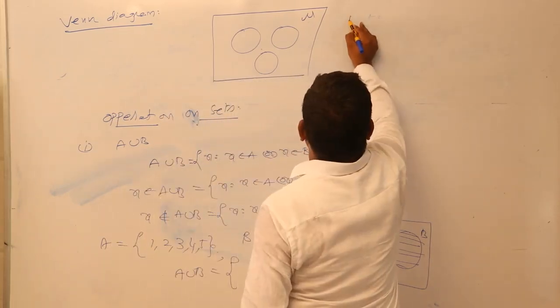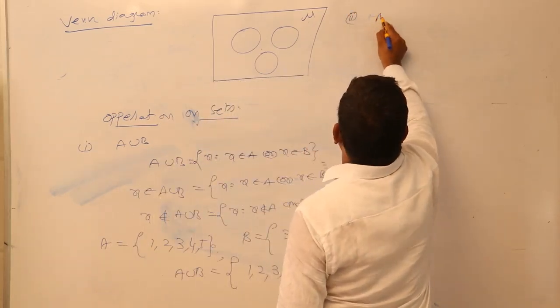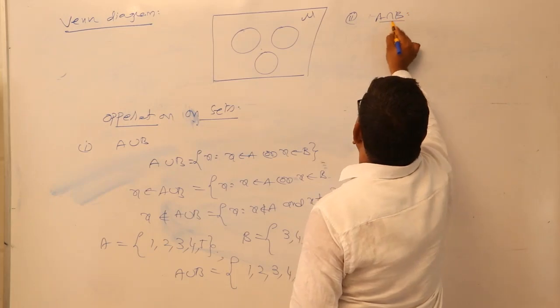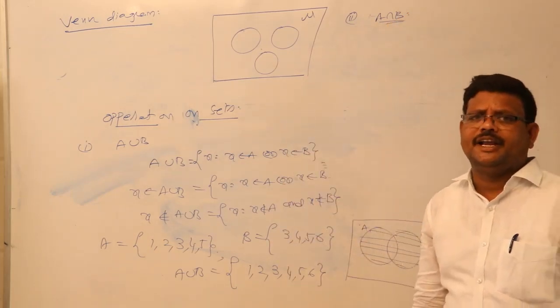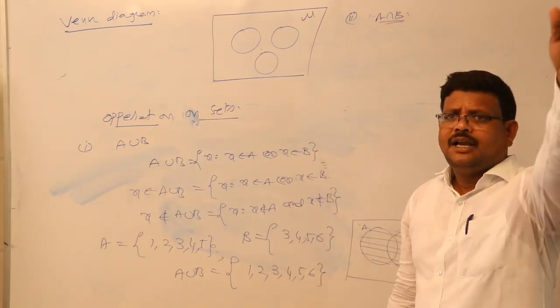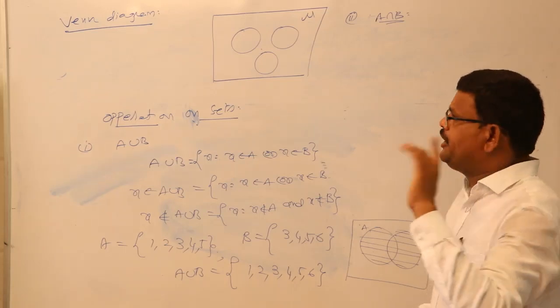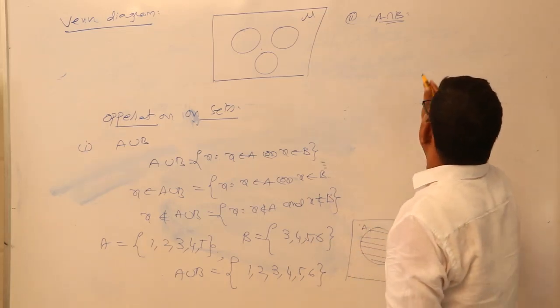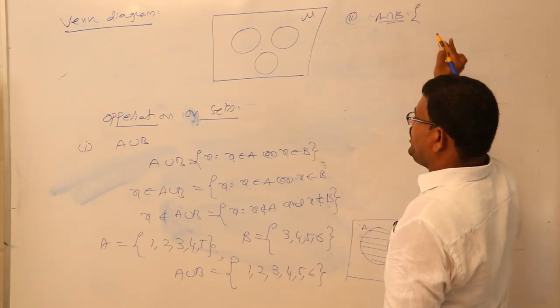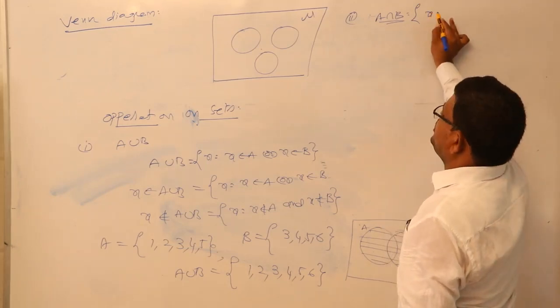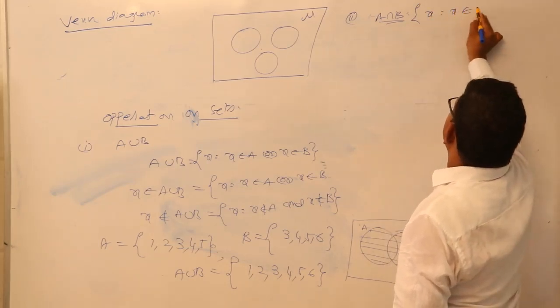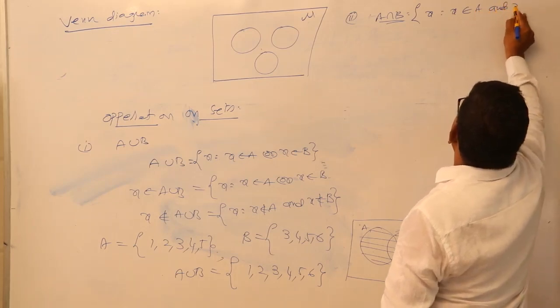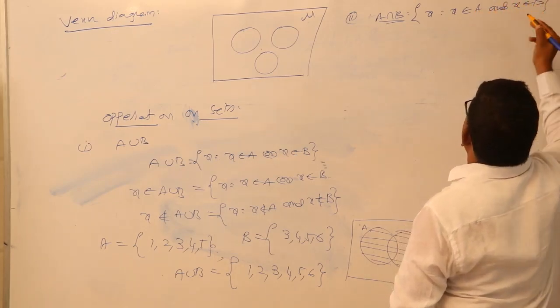The second operation on sets is A intersection B. A intersection B is defined as the common elements in both A and B. So A intersection B is {x such that x belongs to A and x belongs to B}.